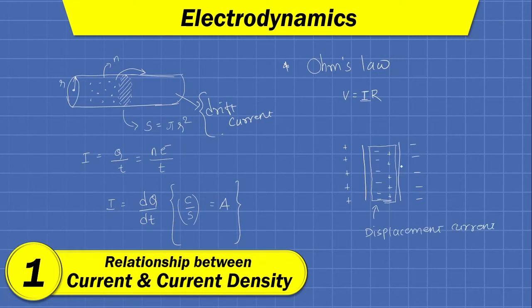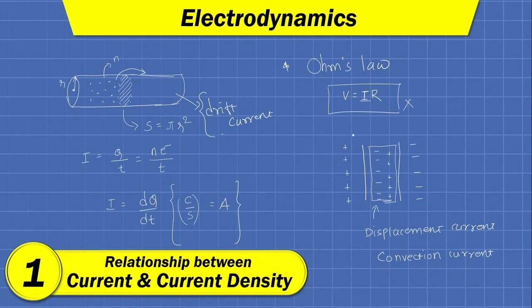So if we want to find the value of this displacement current, at that time Ohm's law will be of no use in this case. We must have another kind of concepts that can help to find the displacement current. There is also the conventional current, also called the convection current.